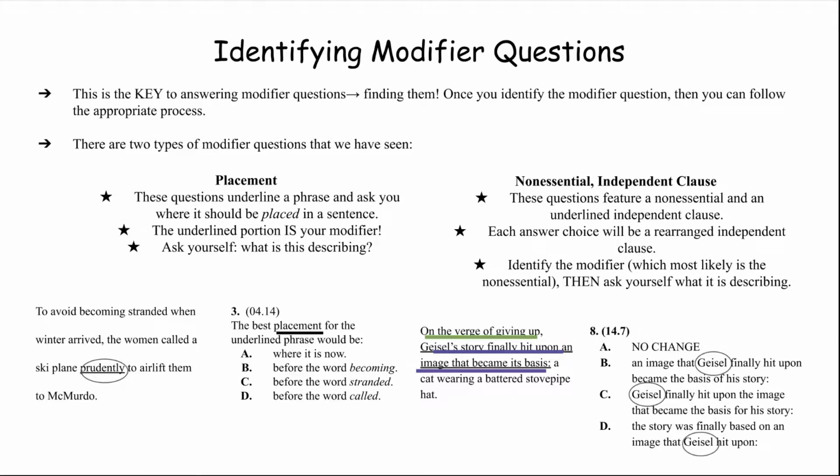So your first step is to identify the modifier, which most likely is going to be your non-essential, then ask yourself what it's describing, and then choose the correct noun from the answer choices. Okay, so our example had that non-essential, portion of an independent clause underlined, and a different noun at the beginning of each answer choice, placing it next to the modifier.